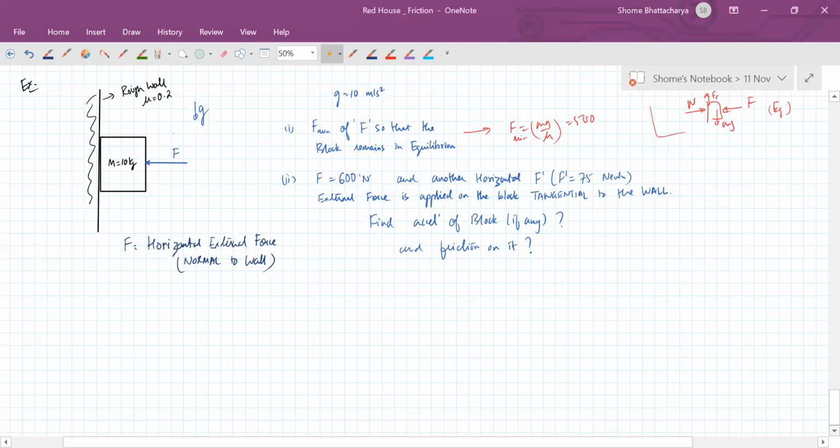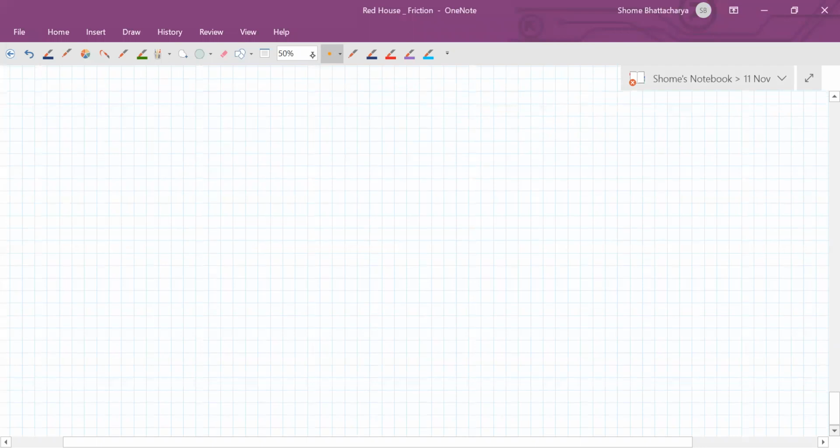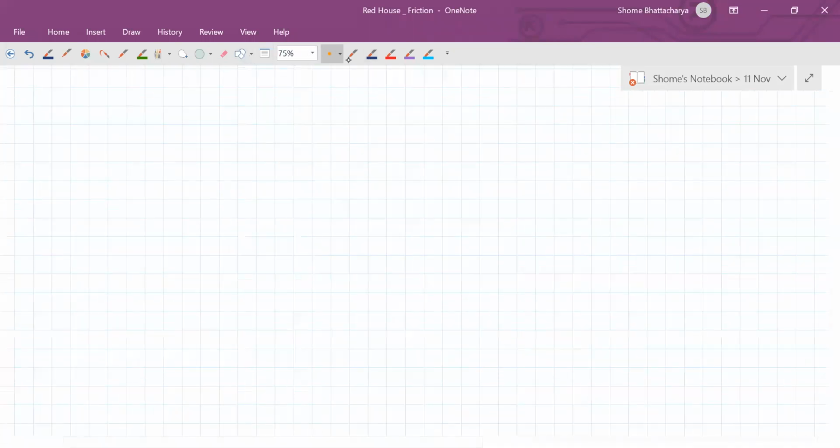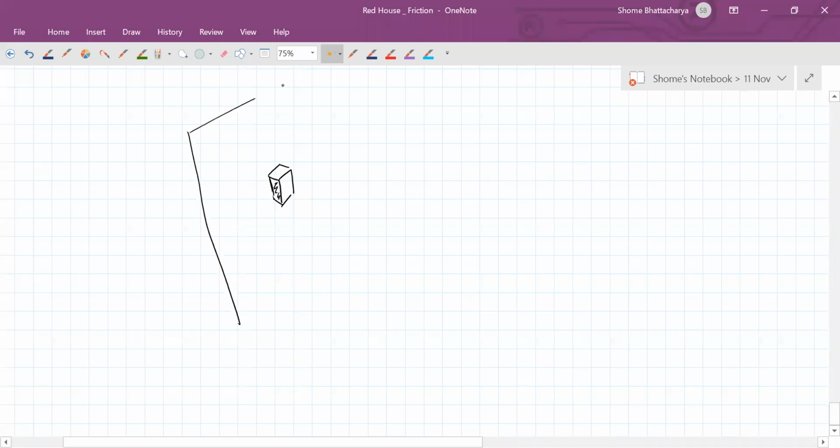Second case, I'll just make a diagram to explain what is happening, and then I think most of you can figure it out yourself. So if I make a sort of three-dimensional diagram, you'll understand that if I'm viewing this block like this, it's against the wall like this.